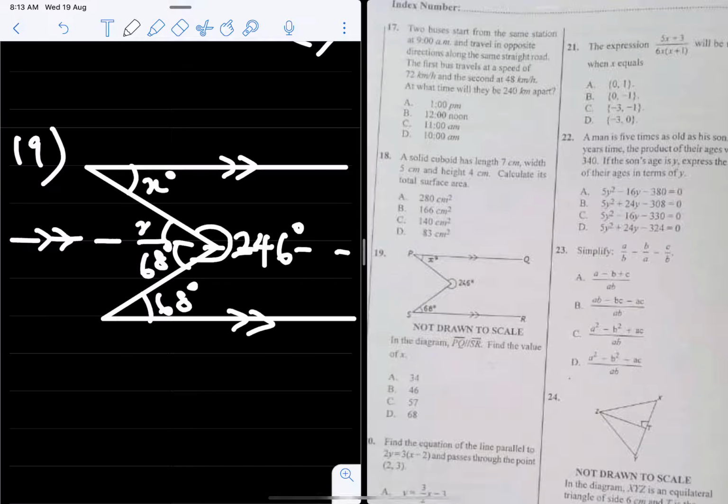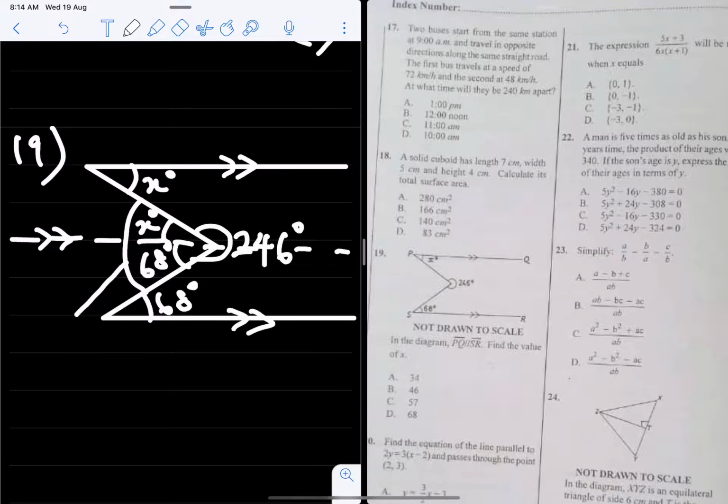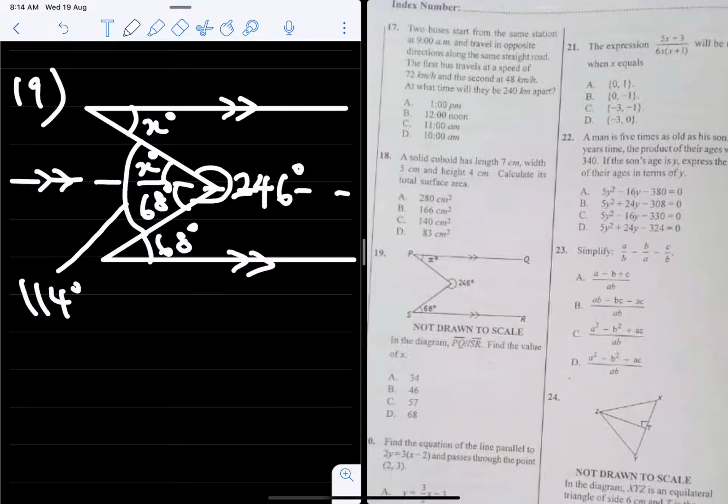This will also be x because it's also alternate to x. Now the whole of this is going to be 360 minus 246, which is 114 degrees, angles at a point. So x is therefore 114 minus 68.